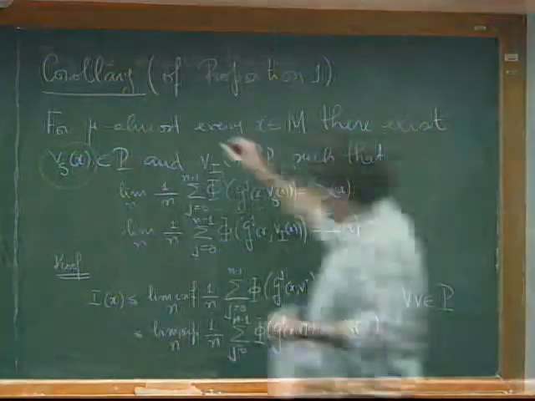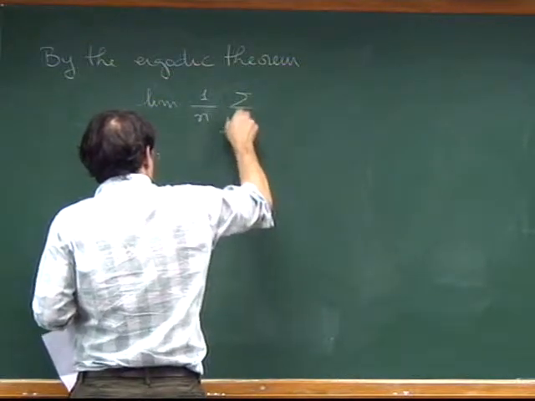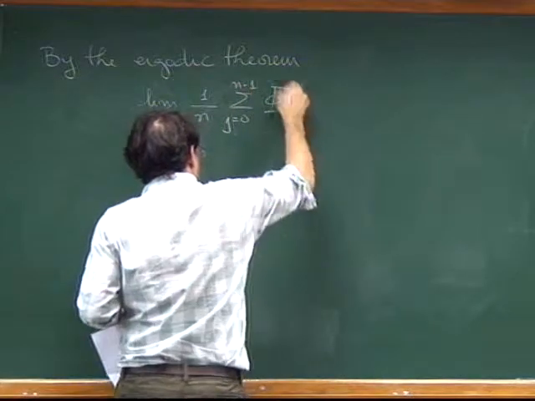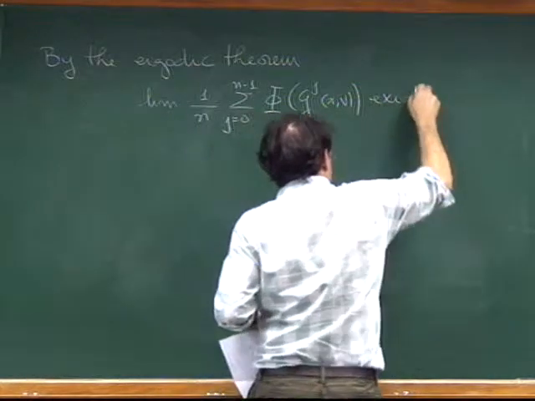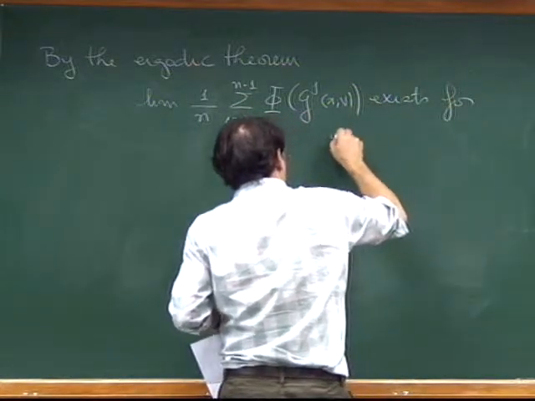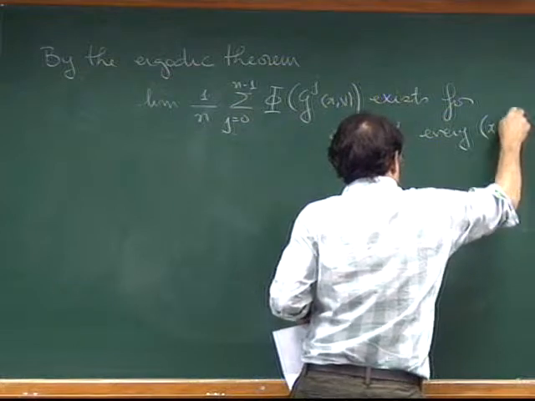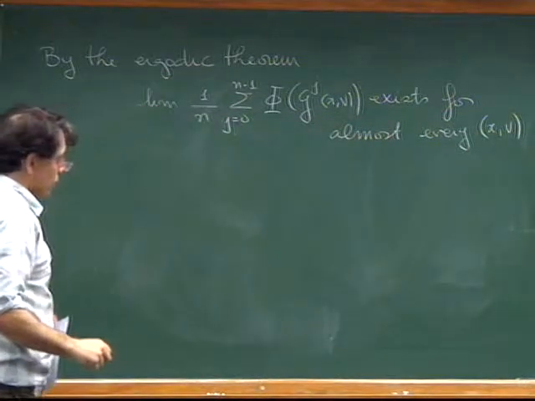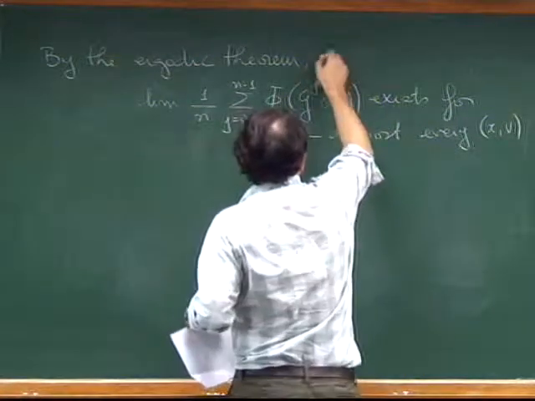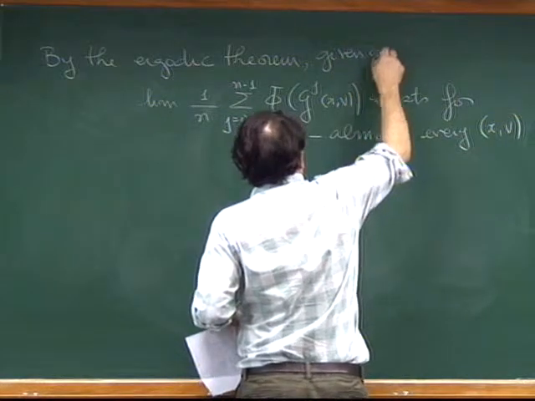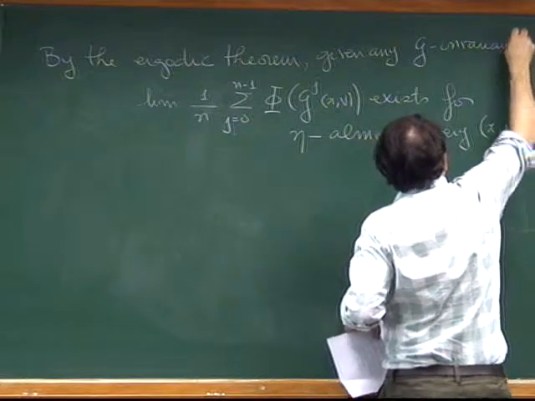By the ergodic theorem, the limit exists for eta almost every xi v, given any g invariant probability.